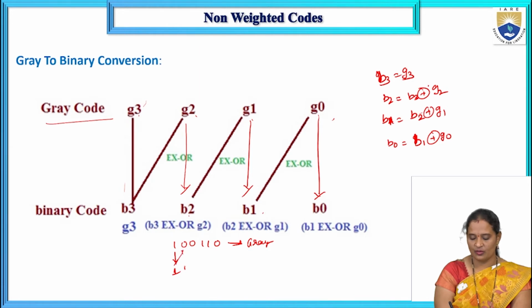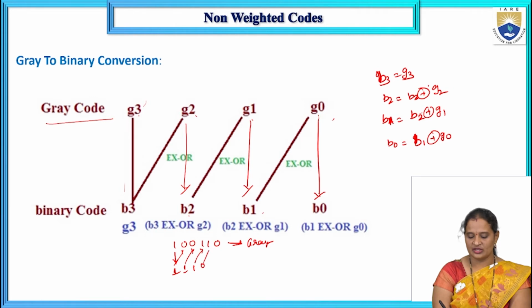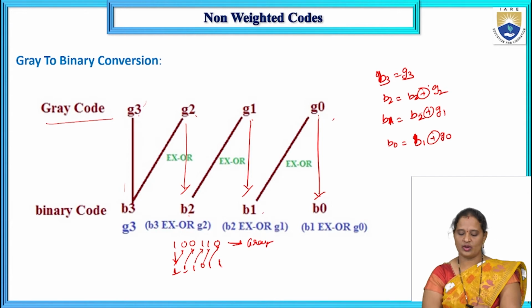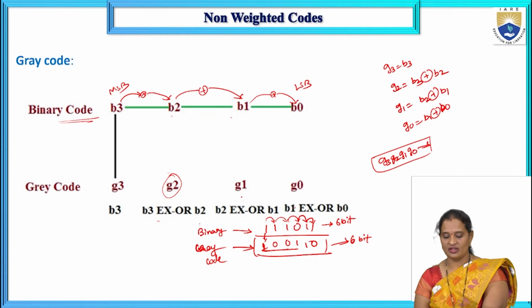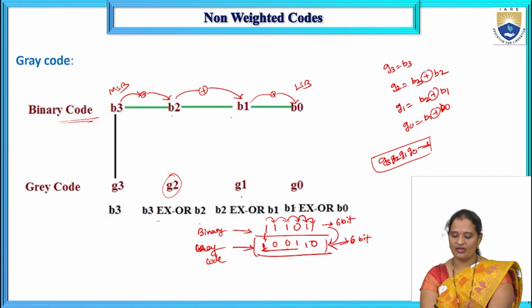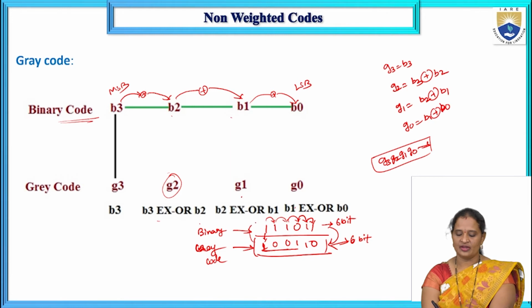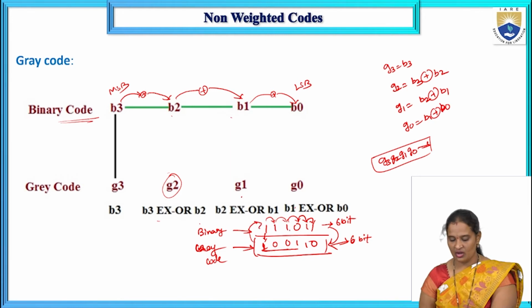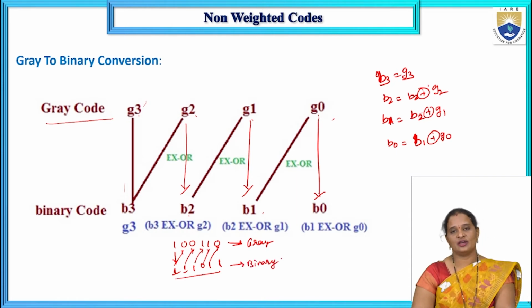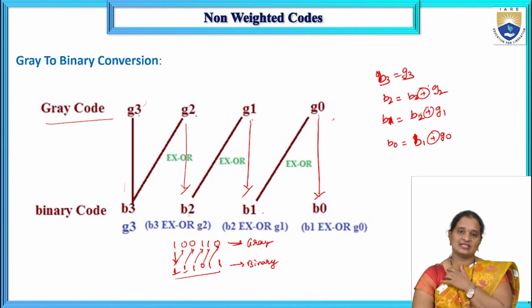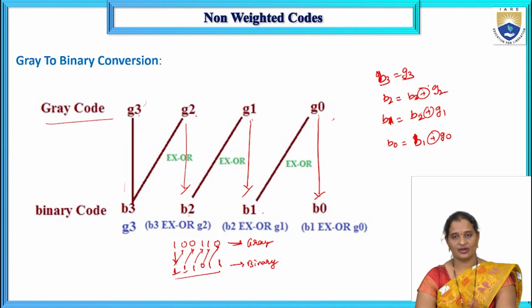Now 1 XOR 0 is 1, 1 XOR 0 is 1, 1 XOR 1 is 0, 0 XOR 1 is 1, and 1 XOR 0 is 1. So we get 1 1 0 1 1 as the binary code. Like that, you can find out the gray code from the binary code, and similarly the binary code if the gray code is given.